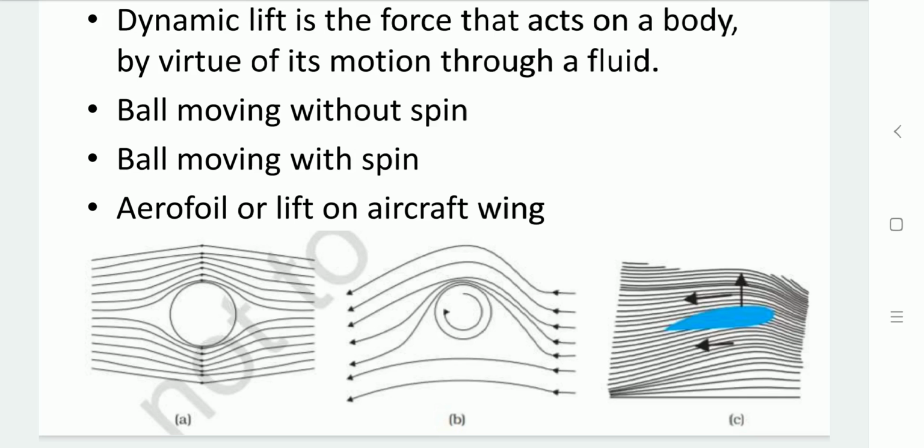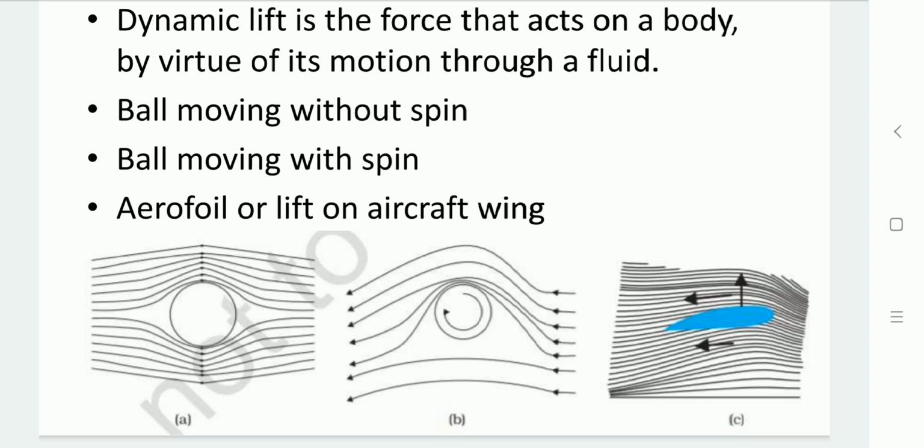The velocity of air above the ball is larger and below the ball it is smaller. So the streamlines above the ball are crowded and below the ball they are rarefied.